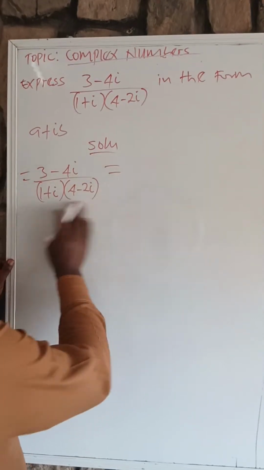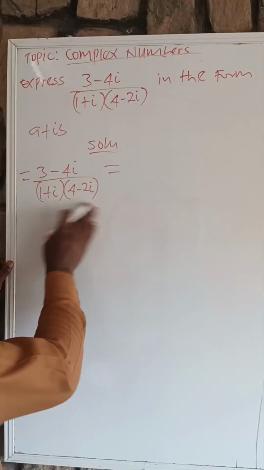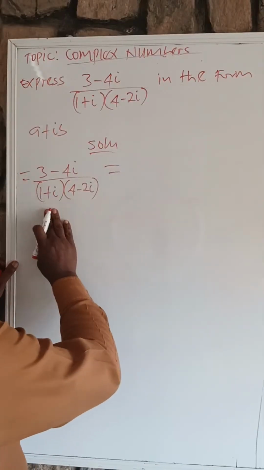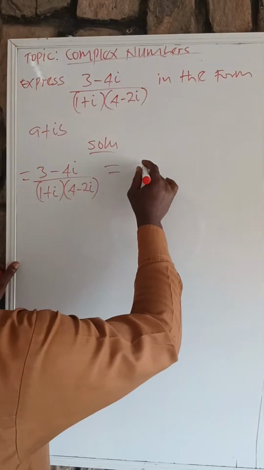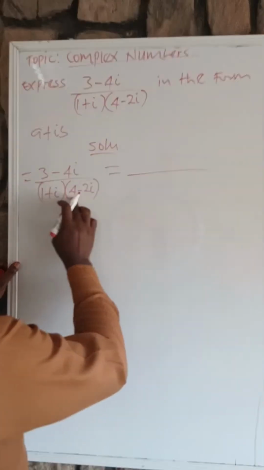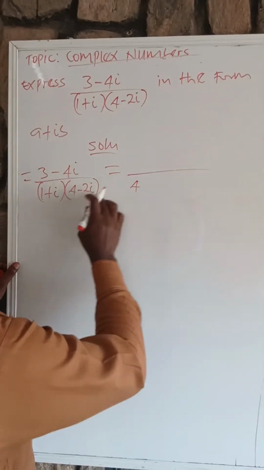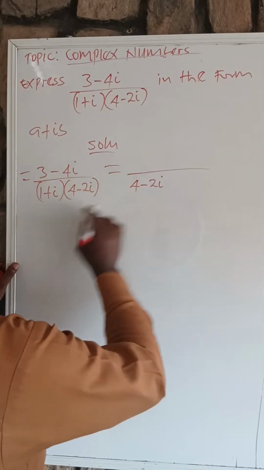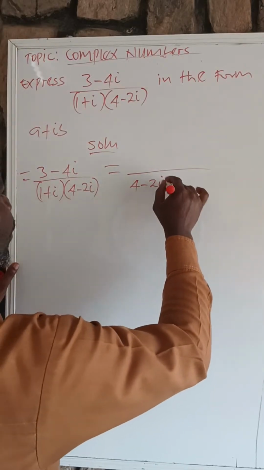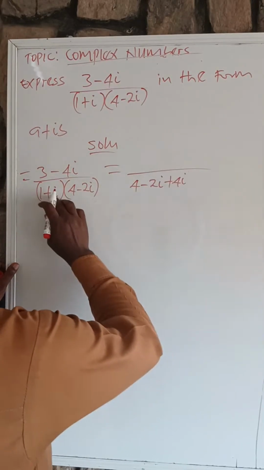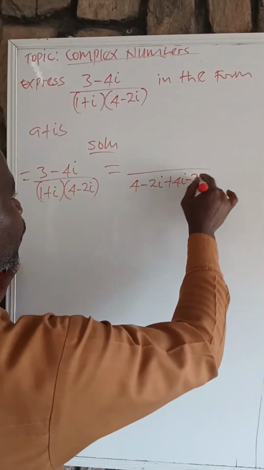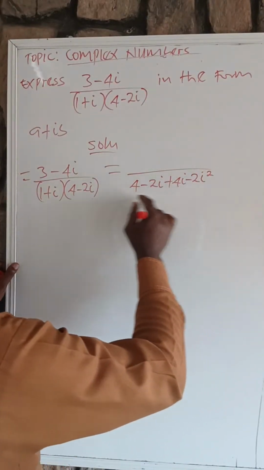So you open the bracket of the denominator, this bracket times this. So here we are going to 1 times 4 is 4. 1 times minus 2i, minus 2i. I times 4, plus 4i. I times minus 2i, minus 2i squared, right?